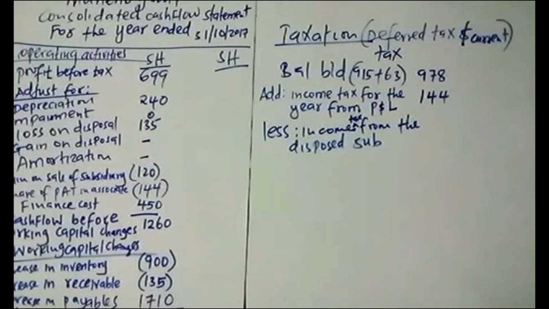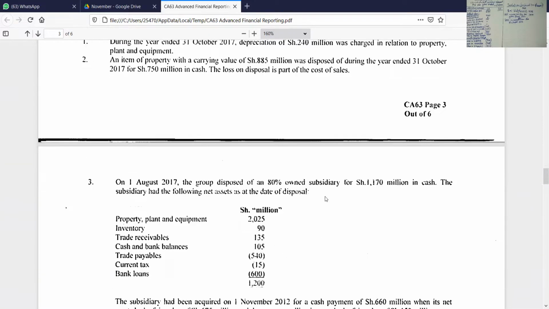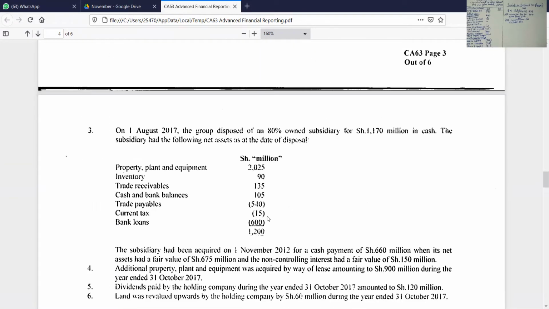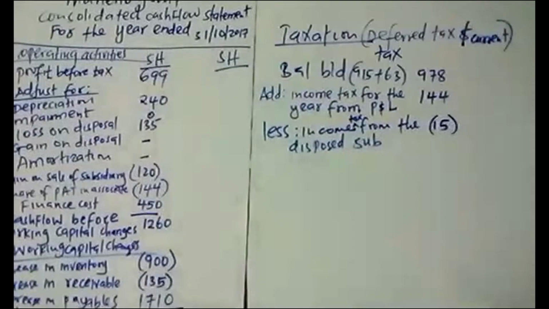For the disposed subsidiary, if we check note 3, you can see there is a current tax of 15. So that is for the disposed subsidiary, so you consider that 15, which means that one we raise. So we say 978 plus 144 minus 15.